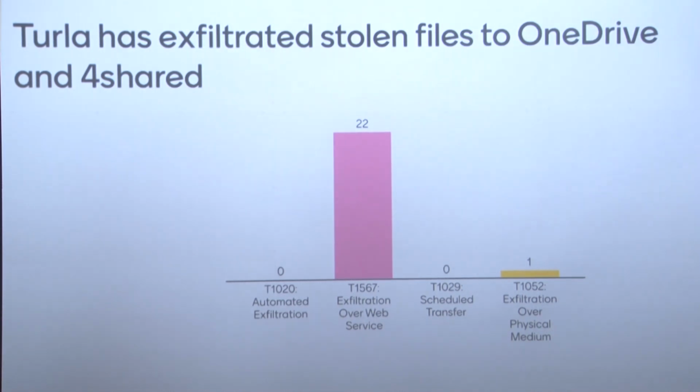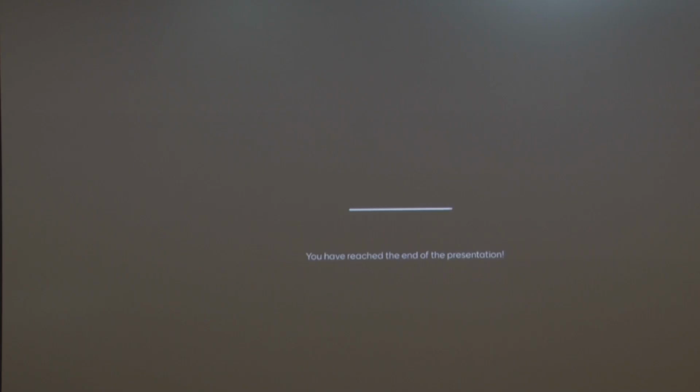Once they schedule the transfer based on the victim and scenario, that behavior comes under scheduled transfer. And automated exfiltration is when they use an automated tool or script to automatically transfer whatever files they discover to the C2 server. Okay?